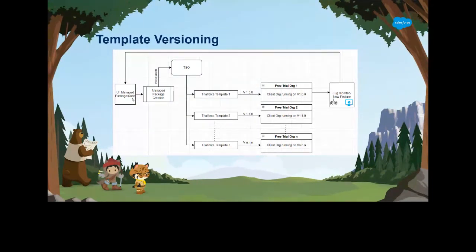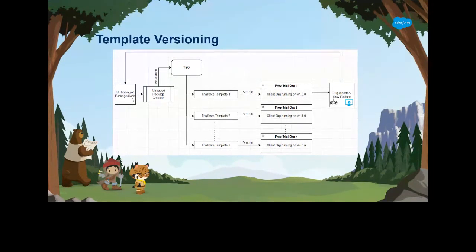If we are all aware of the branching strategy, we can run multiple branches in DevOps, where we can do different feature development in parallel. We can use that branching strategy, develop that new feature for that customer, and again create a package and install it in the TSO. When you install in the TSO org, again it is an upgrade, not a fresh installation, because you already installed 1.0.0.